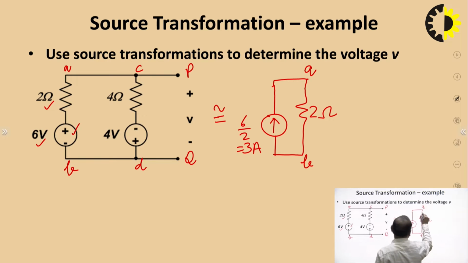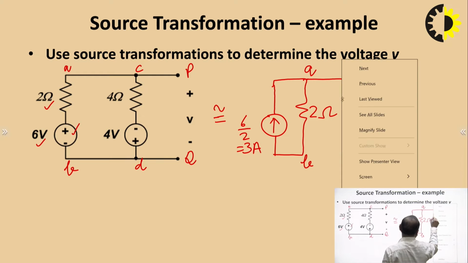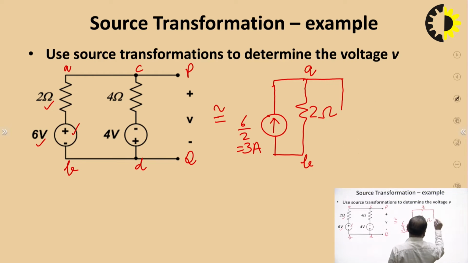Similarly, the other source, which is the 4 volt voltage source, when converted to a current source, will give a current source with a downward arrow, the reason being that the positive terminal of this 4 volt source is on the downward side.